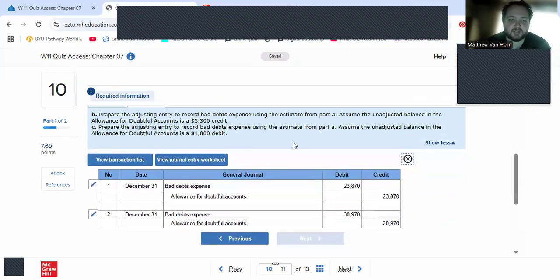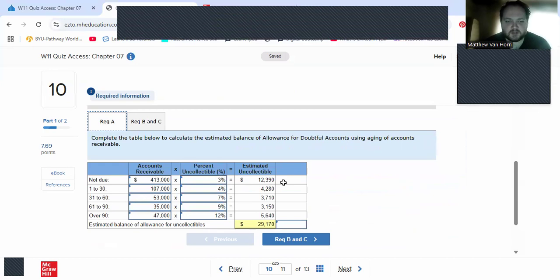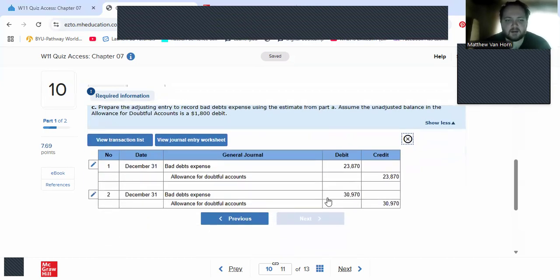So in that case, we're literally just going to be adding 1,800 onto 29,170. And that gives us down here the answer of 30,970. Again, because allowance for doubtful accounts is a contra asset account, we put it under credit. And of course, expenses go under debit.